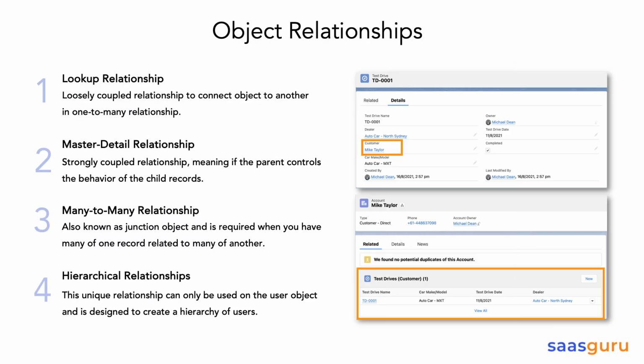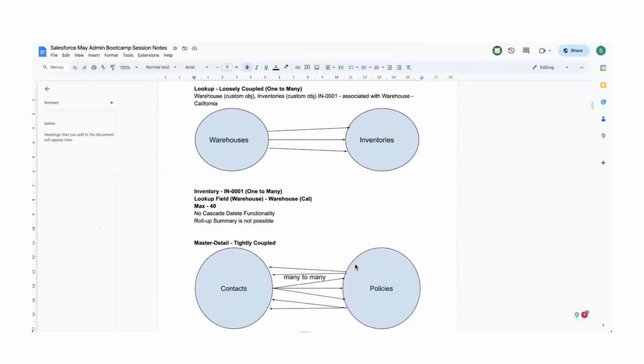Let me quickly introduce this particular topic, which is very, very important, object relationships, the relationship between data tables in Salesforce. So primarily, there are two relationships, lookup and master detail. In order to understand this better, let's take an example. So there are two types of relationship that can be defined between data tables.